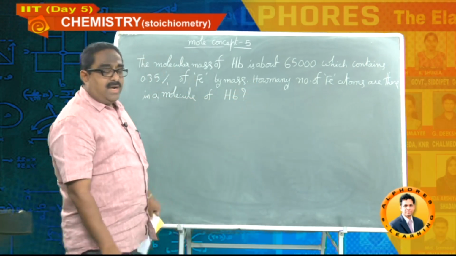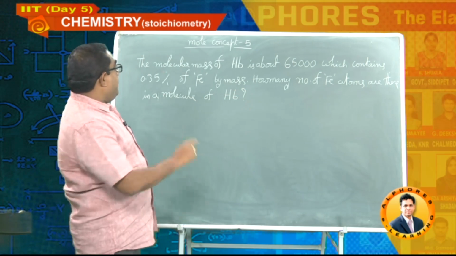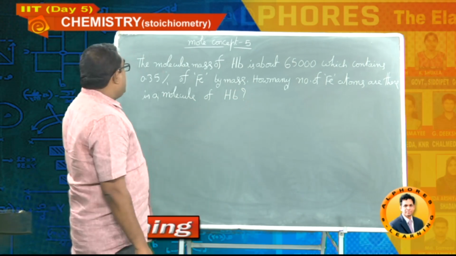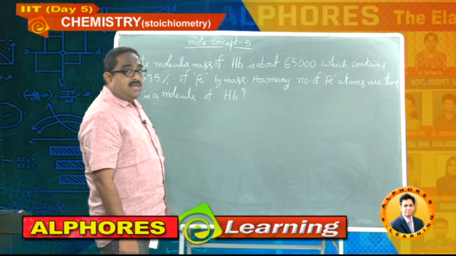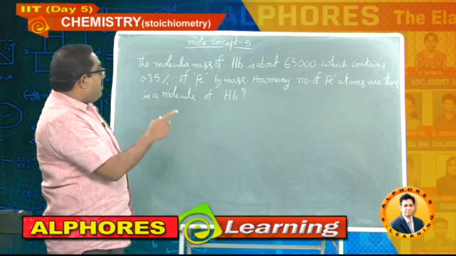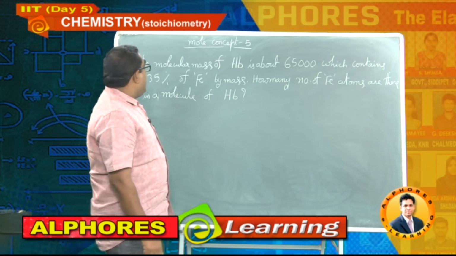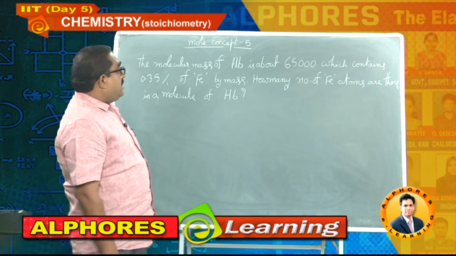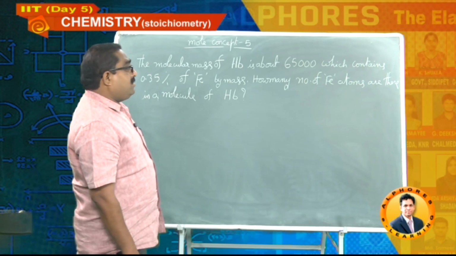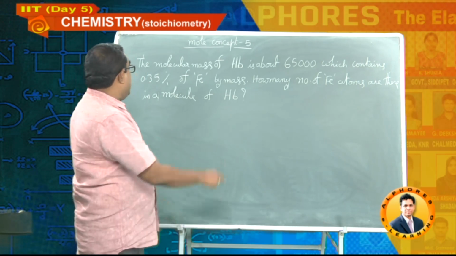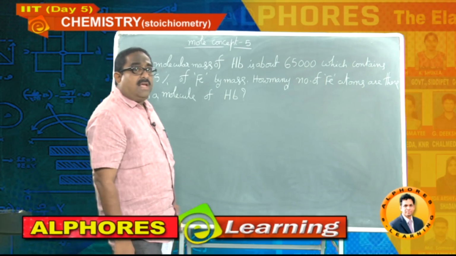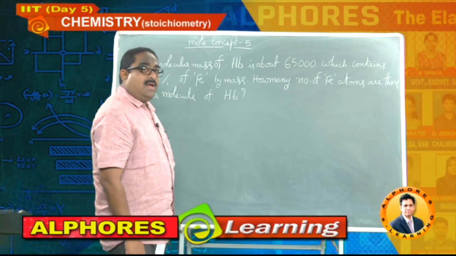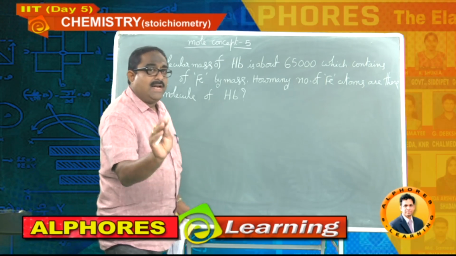That is the question. I am repeating it once again, please write it down. The molecular mass of hemoglobin is about 65,000, which contains 0.35% of iron by mass, and you have to find out the number of iron atoms present in one molecule of hemoglobin. That is, in the formula of hemoglobin, how many atoms of iron will be there?